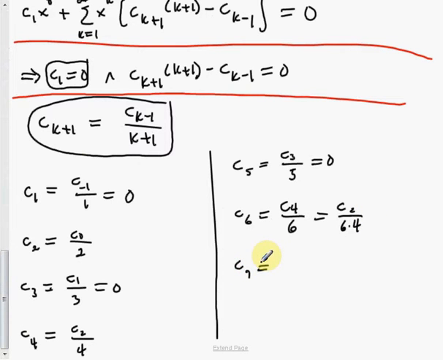c sub 7 is c sub 5 over 7, c sub 5 is 0. Let's do one more, c sub 8, c sub 6 over 8. And I need to go back because c sub 2 depends on c naught. Yeah, that's right. So this is c naught over 6 times 4 times 2.